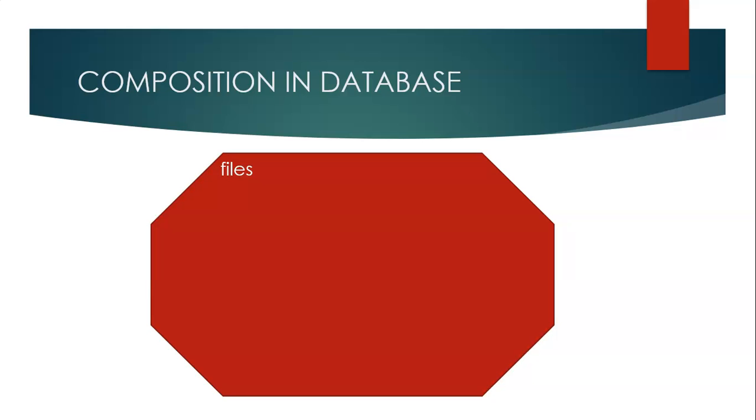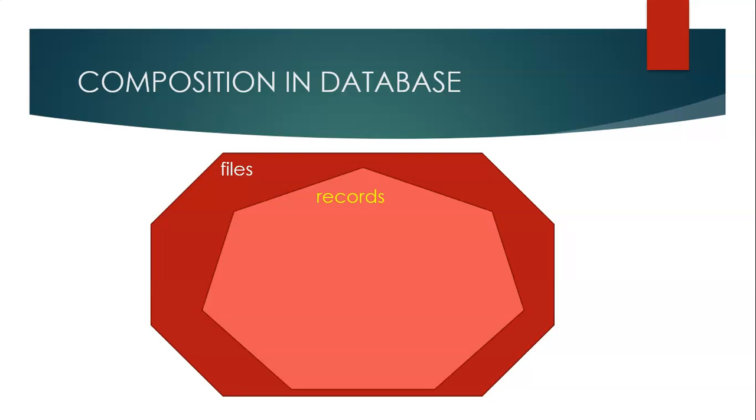And in your files will be records. In Excel, if you see the data in rows, we say that every row is a record. So row 1 is record 1, row 2 is the second record.